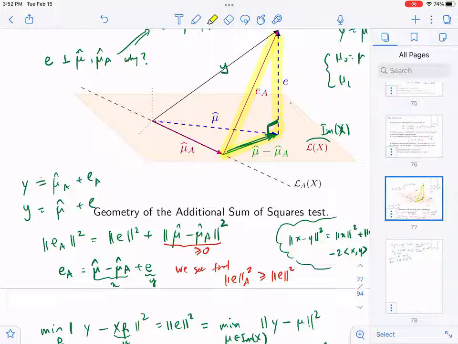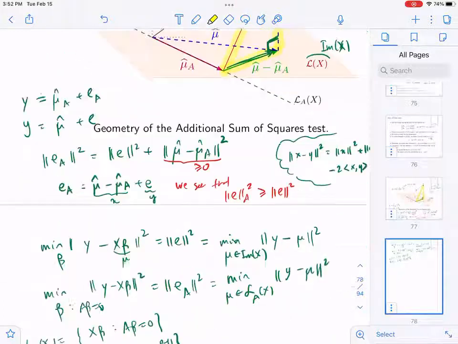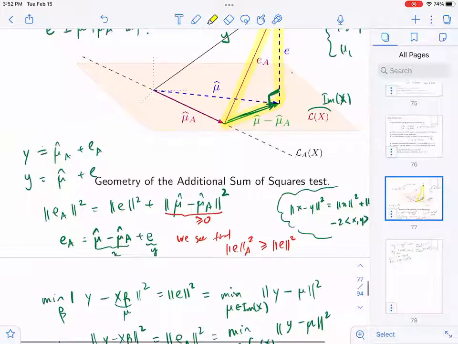They don't have to be. This mu hat could get very close to mu, I can move to this side. You can imagine moving y, and so this angle is going to get wider. This end could be very close to this line. You can get anything.